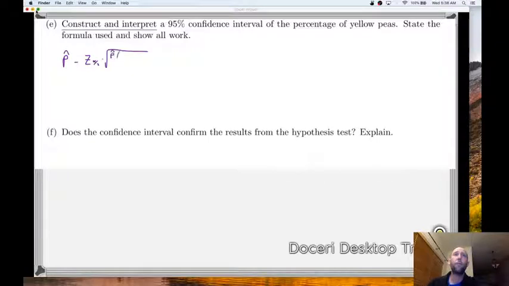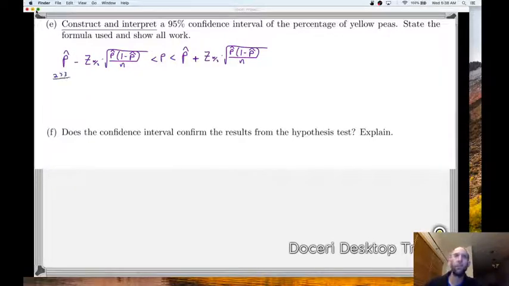We have our formula here for constructing a confidence interval. It looks a little similar, but it is a little bit different than our last formula. We come up with this compound inequality where we have p, the population proportion that we're trying to estimate. We're coming up with a range of values to estimate the population proportion based on p hat, the sample proportion.